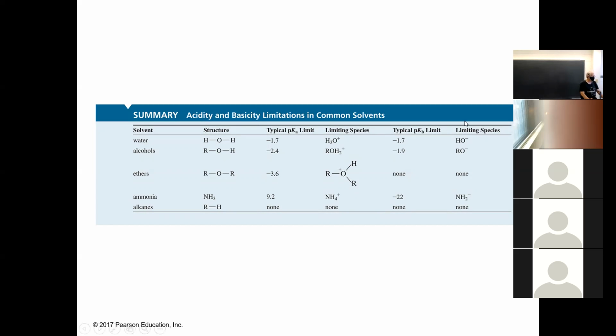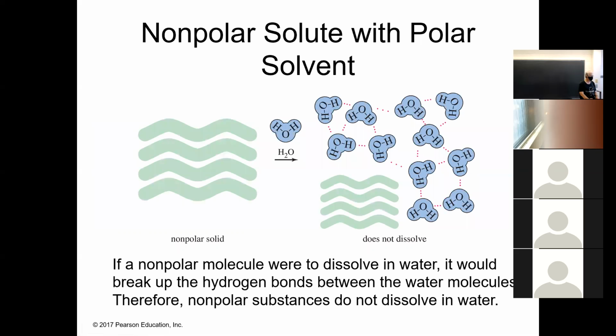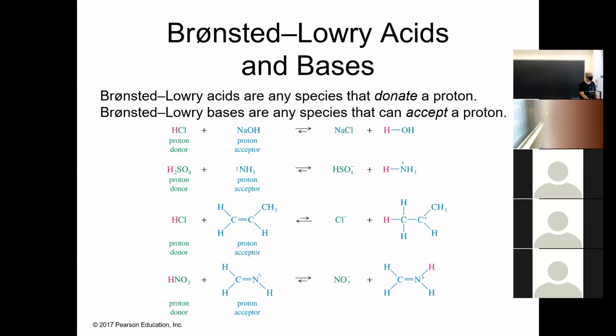So if the solvent is water, the pKa of hydronium is negative 1.7, and hydronium is the strongest acid that can exist in water. Let me go back a few slides here to our table.